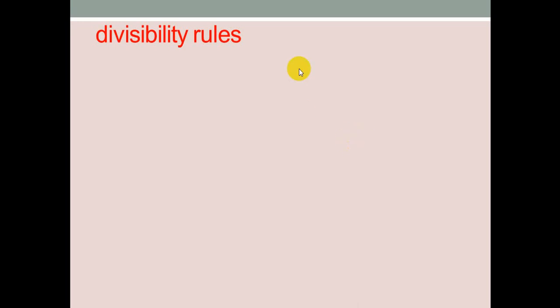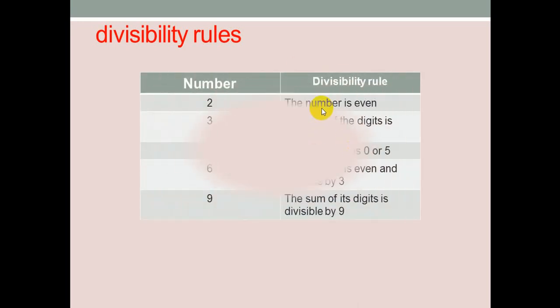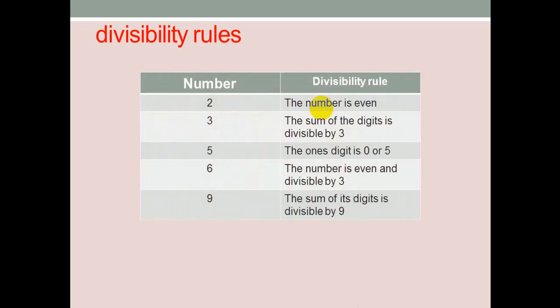Here, rules. We have a table. If the number is an even number, this number is divisible by 2. All even numbers are divisible by 2.